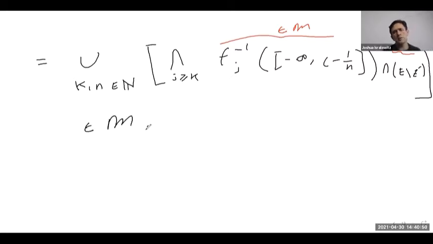So it's the countable intersection, and the countable intersection is measurable. So a countable union of measurable sets is measurable, et cetera, et cetera. So that's measurable. Okay, so that basically takes care of the basics of measurable functions.